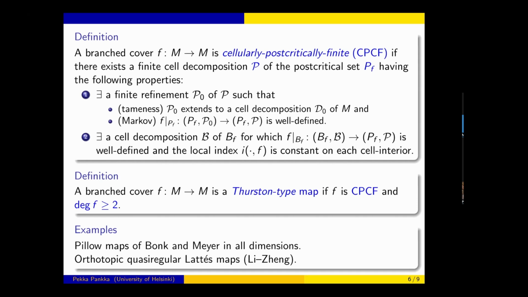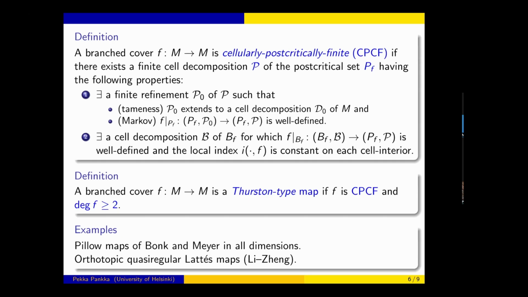And this is of course something that, if you have to start by discussing this topological issue, then you are really in deep trouble, because then this theory gets extremely deep immediately. So the first condition is that we have our cell decomposition for the post-critical set, but we want to be able to refine it, to chop it into smaller cells in such a way that the smaller cells extend to a cell decomposition of the whole space.